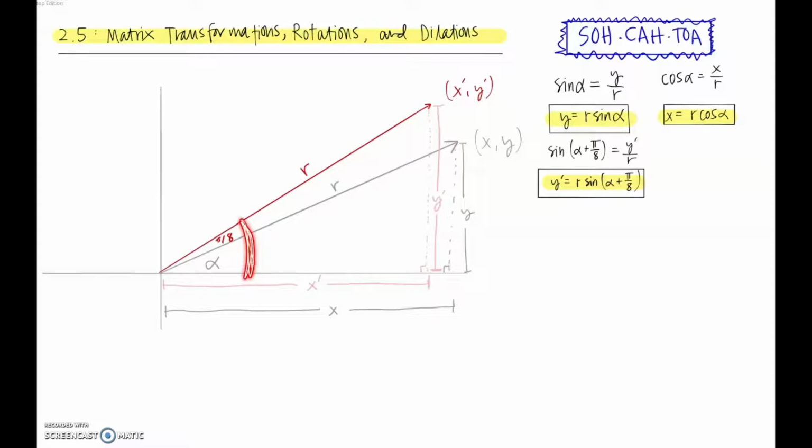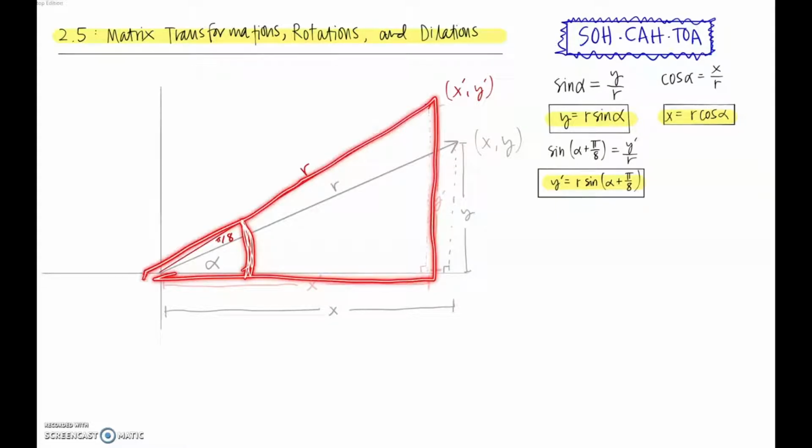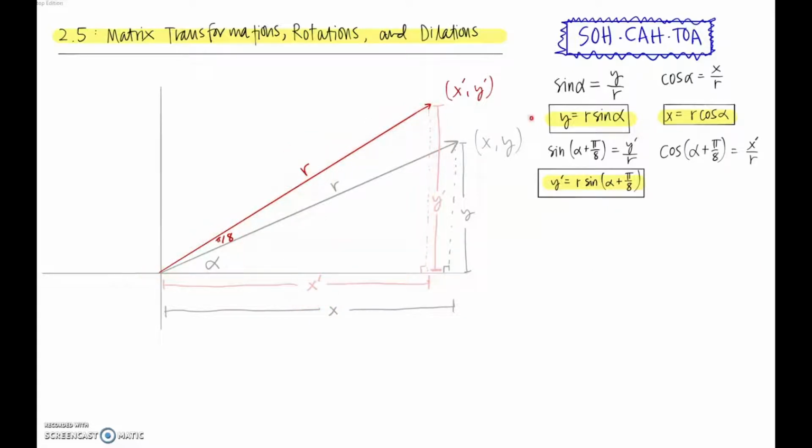Looking at this larger triangle, cosine is adjacent over hypotenuse, so the cosine of this angle will be x prime over r. And then just like we did before, I'm going to multiply both sides by r and find out just what x prime is. We've already done this 3 times, so we would expect it to turn out like this.